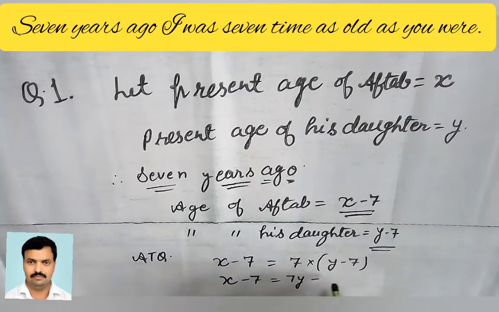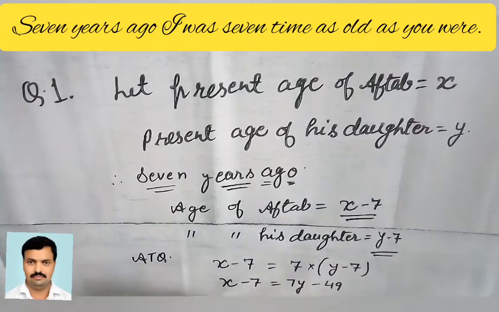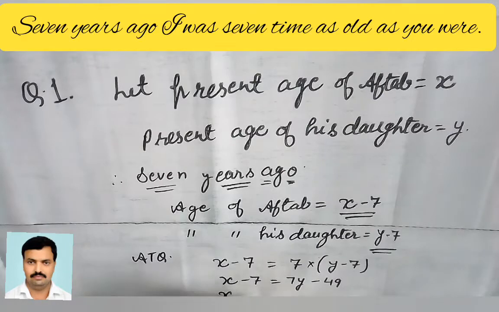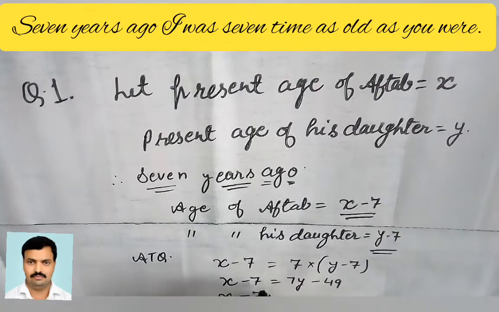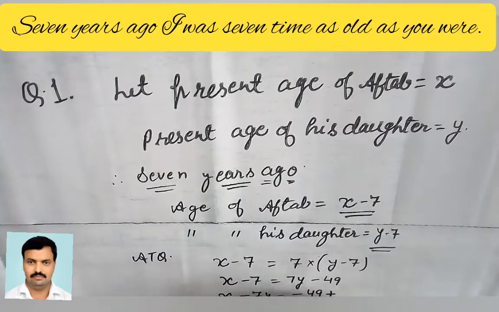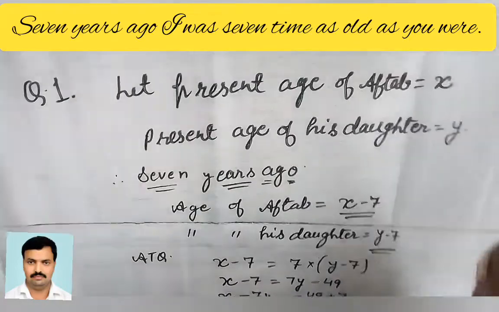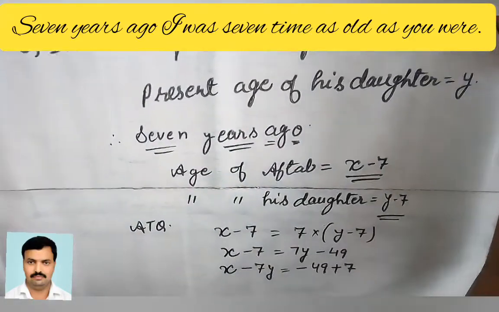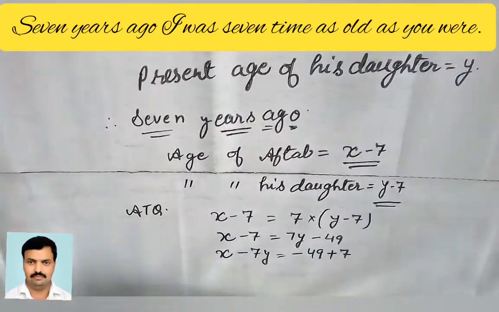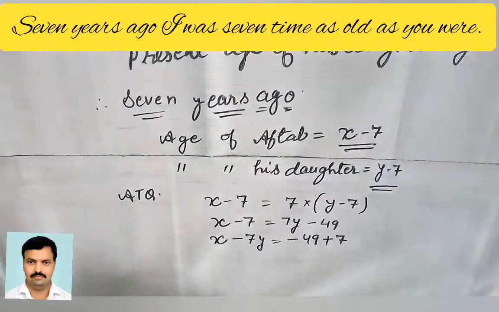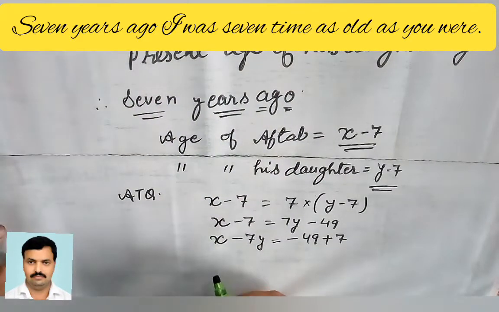7y minus 7 sevens are 49. And the equation will be x minus 7y equals to, take minus 7 to the right side, it will become minus 49 plus 7.